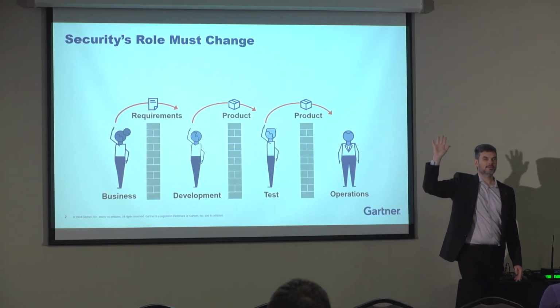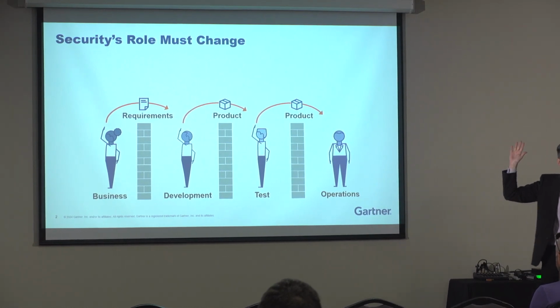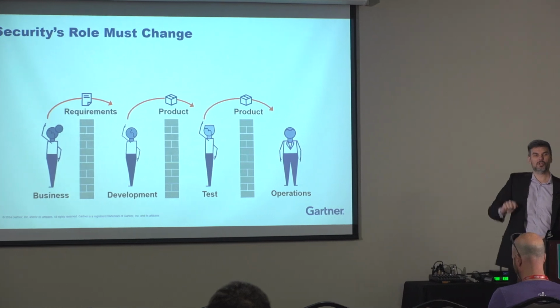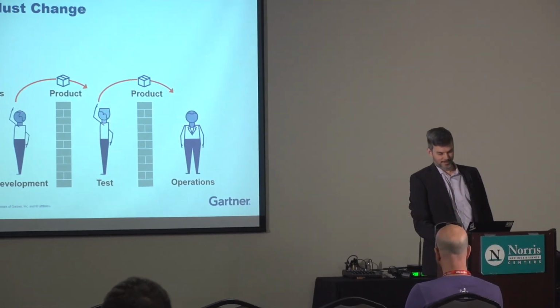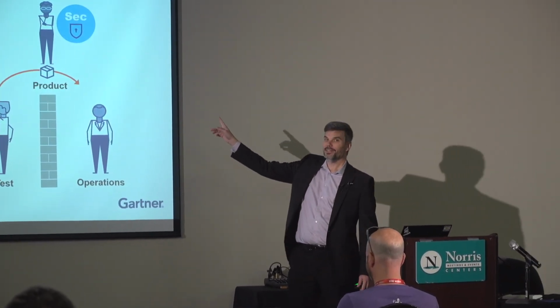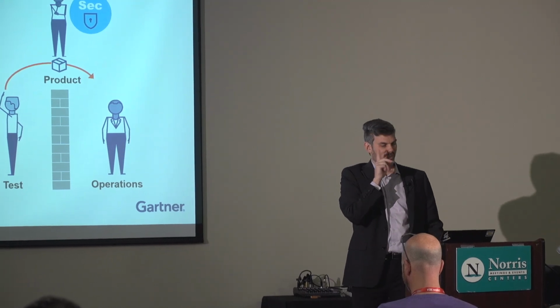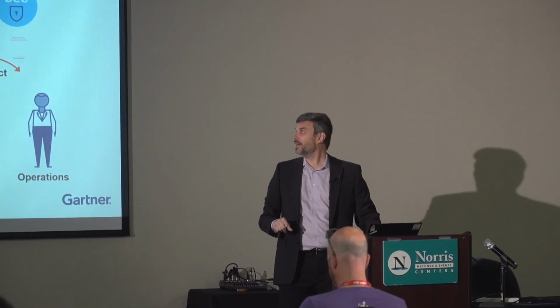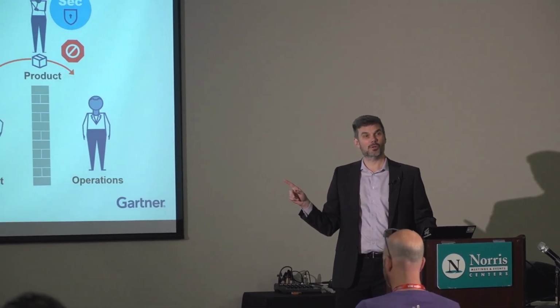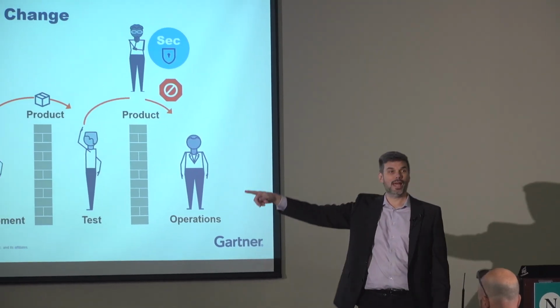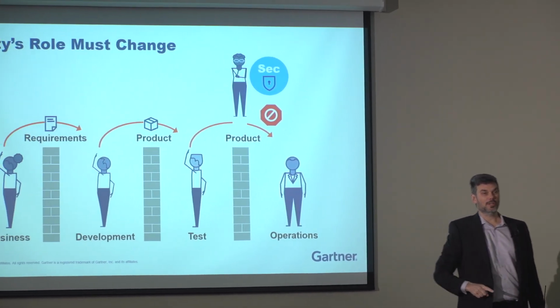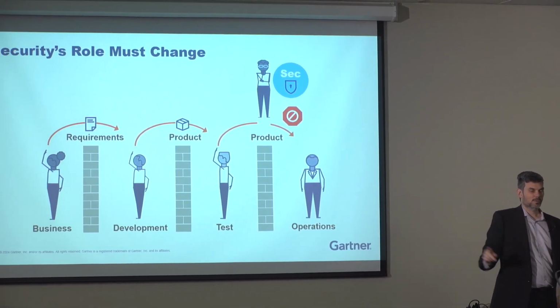I'm an old ops guy in full disclosure, so I can say this in all honesty. But where does security go in this model? Right at the end. And security goes, yeah, I don't like that. I'm gonna stop that release. And worse than that, I'm gonna kick it all the way out of here and you gotta start over again. Doesn't really work well.